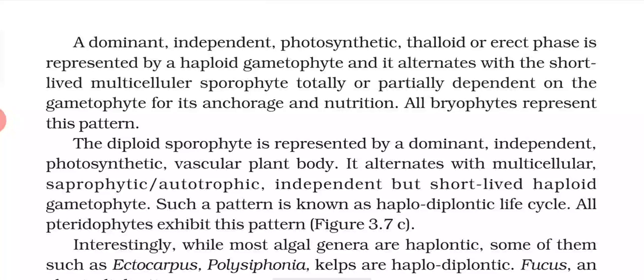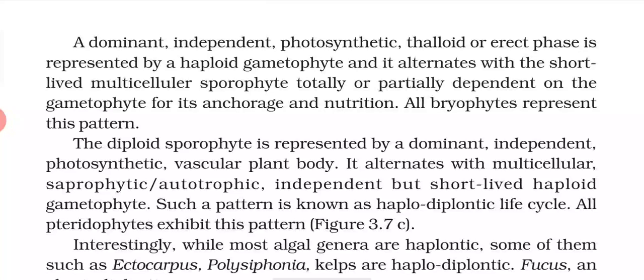Now the diploid sporophyte is represented by a dominant independent photosynthetic vascular plant body. This alternates with a multicellular saprophytic or autotrophic independent but short-lived haploid gametophyte. So in this, the reverse is there.